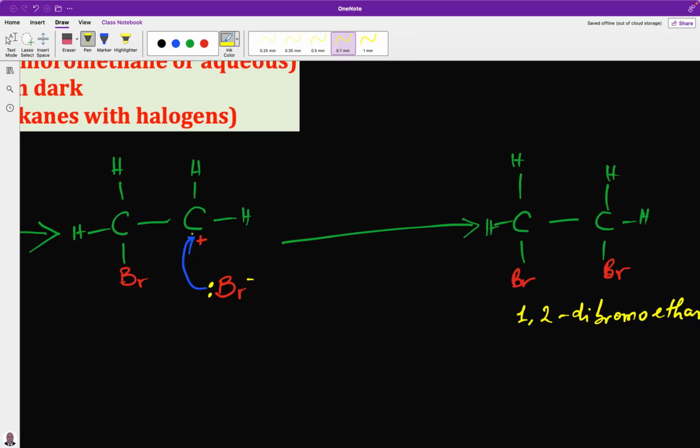And as carbon is accepting this pair of electrons, remember we said electrophiles are electron pair acceptors. So now when they accept this pair of electrons, a new covalent bond is formed between the carbon and the bromine. And the resultant product will be 1,2-dibromoethane.